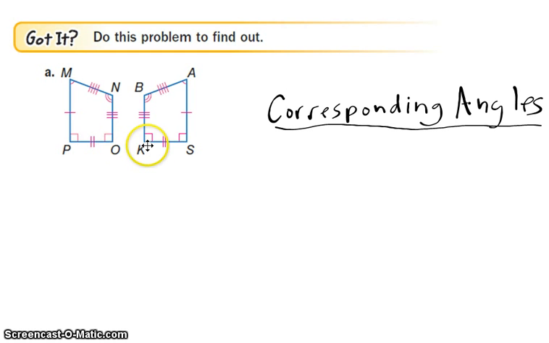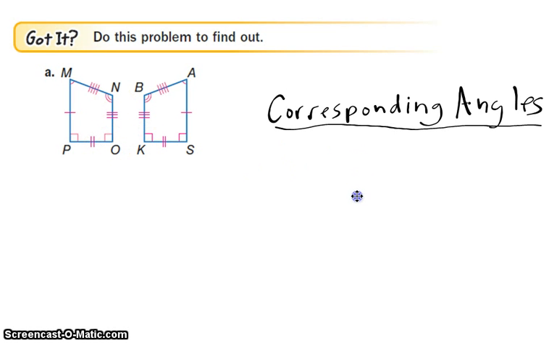O and K match up because they're 90-degree angles, but so are P and S. So how do we know that O and K go together and P and S go together? Well, you got to take a look at where they sit. These 2 match up, these 2 sides match up, and these 2 sides match up. So that means these 2 angles match up, okay?